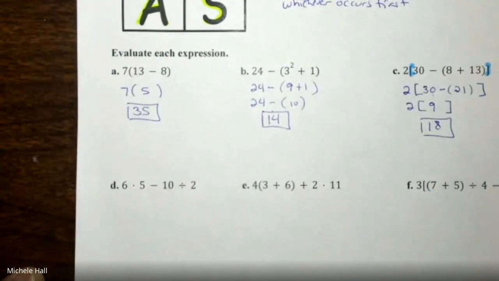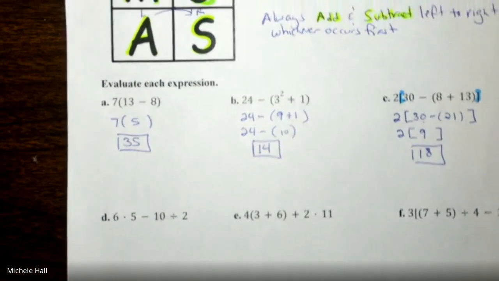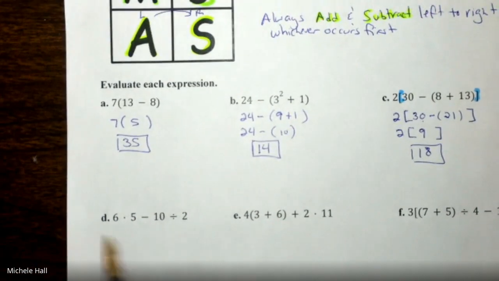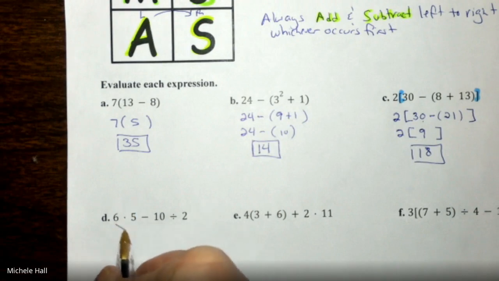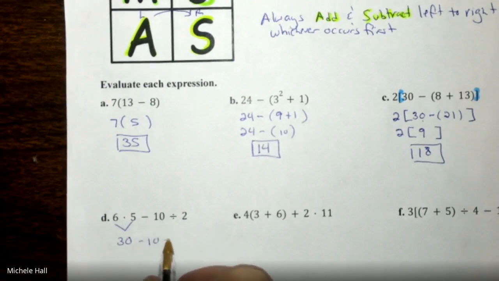Problem D. Are there any parentheses? No. Are there any exponents? No. Is there any multiplying or dividing? Yes. I work from left to right, whichever occurs first. Here is my multiplying. Here is the dividing. I start with this one first. 6 times 5 is 30, and then I write down everything that I see.